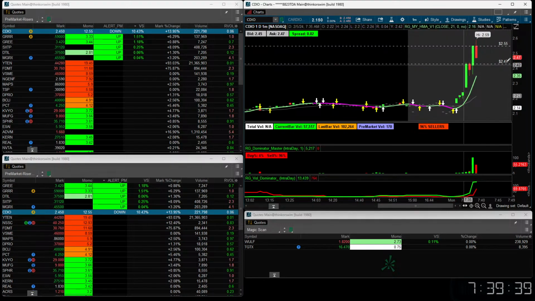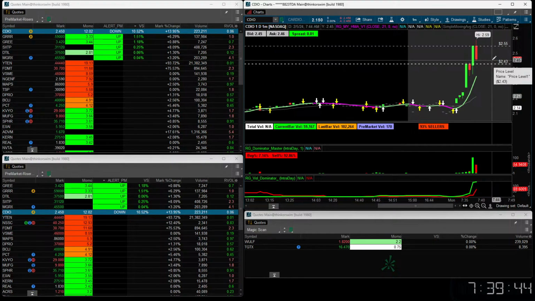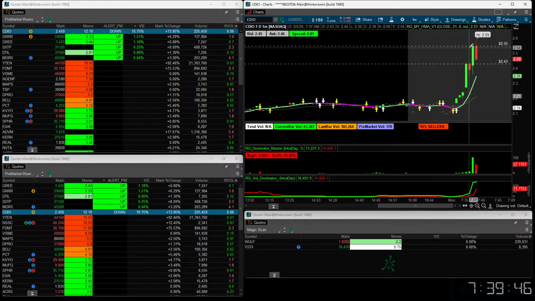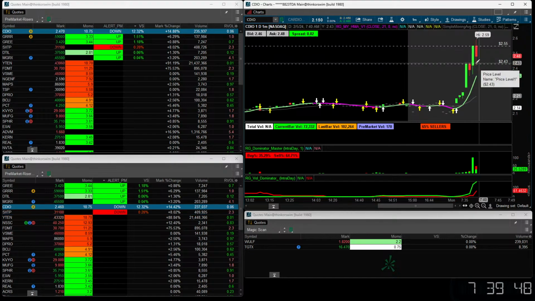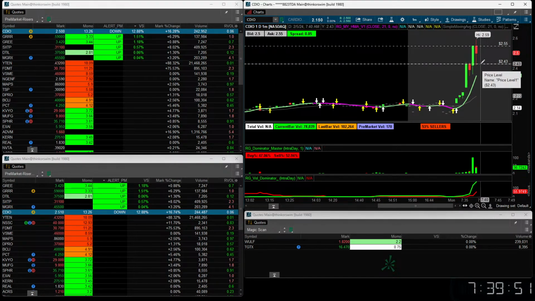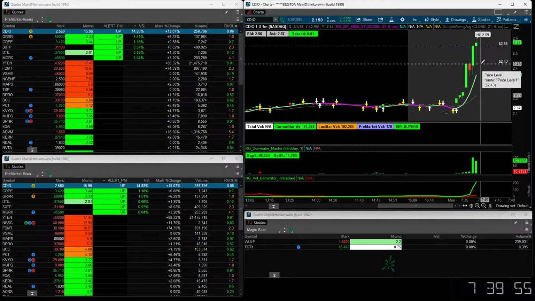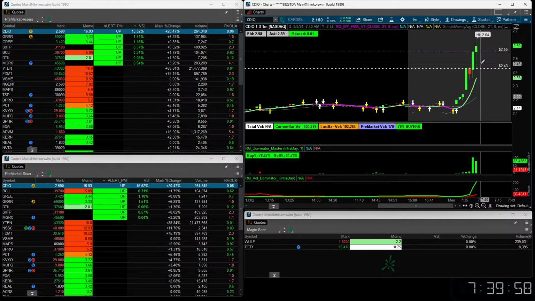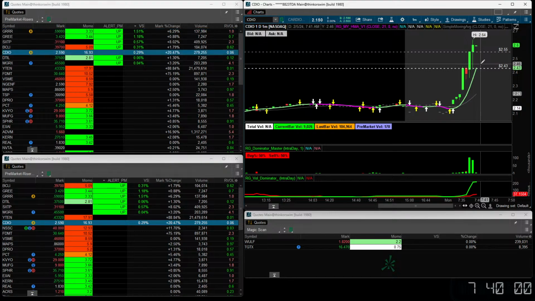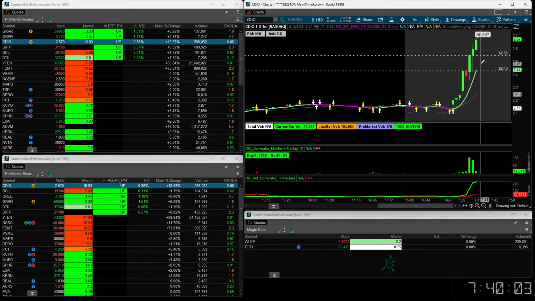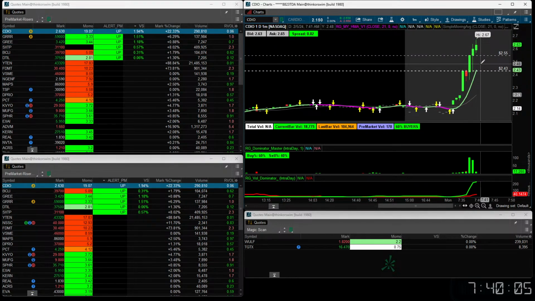So you always want to plan your entries down here when you're playing pullbacks. Keep that in mind. You don't want to chase them up, because once you do, then it pulls back. There's the retest to 243. Going up for some more. Little volatile for a cheap stock.